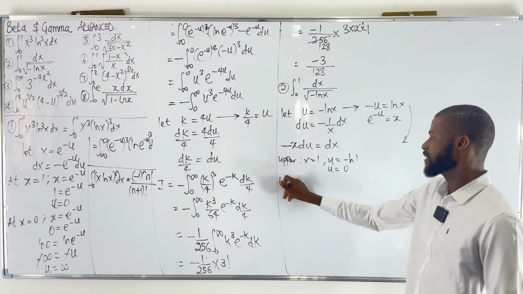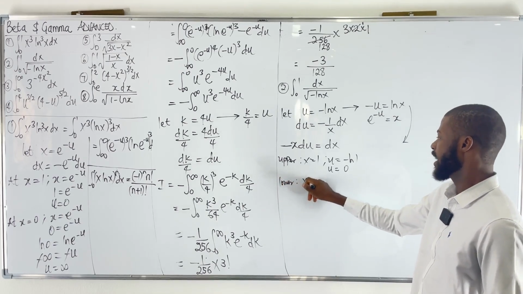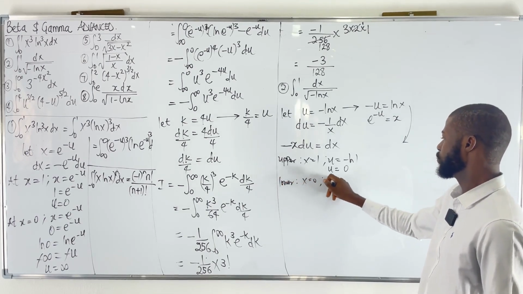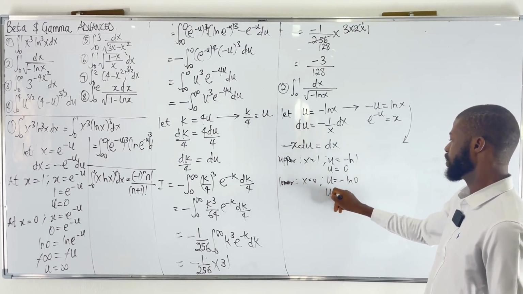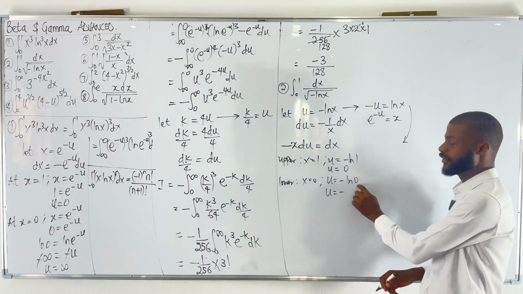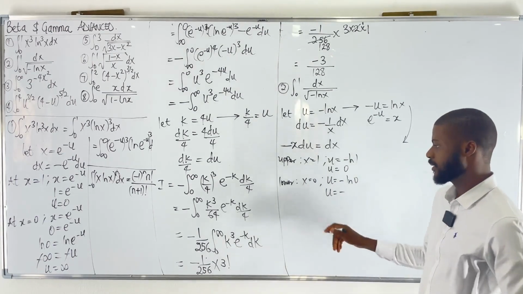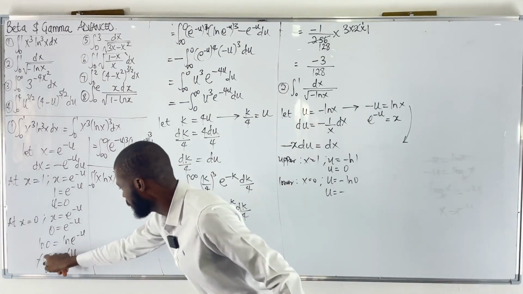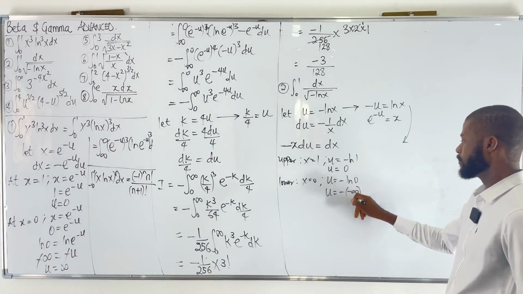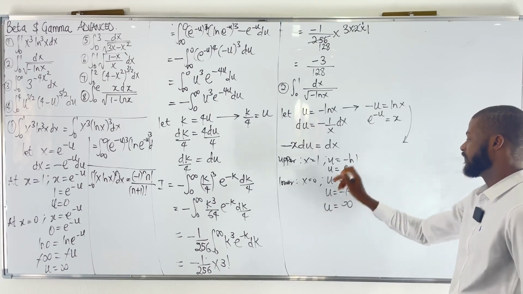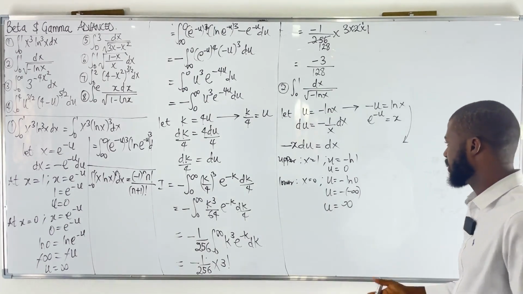So the lower limit is x equal to 0. So this is u equal to minus ln 0. We know that ln 0 is minus infinity. So u would just be infinity. So you see that that's actually easy.